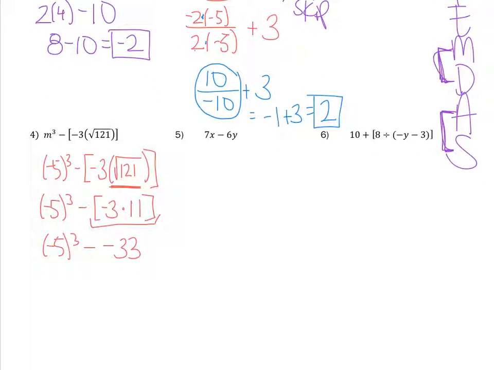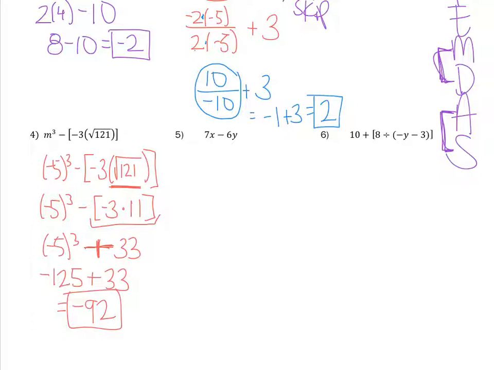Be careful here whenever we are subtracting a negative, you can change that to be a plus sign. So we're going to have negative 5 to the third power plus 33. Well, negative 5 to the third power, that's going to end up being a negative 125 plus 33, which will equal a negative 92 as your answer.